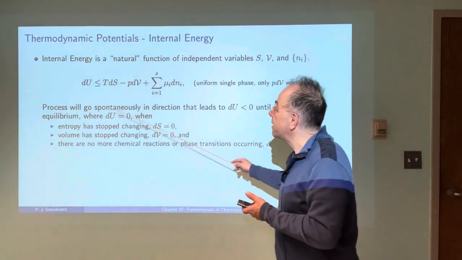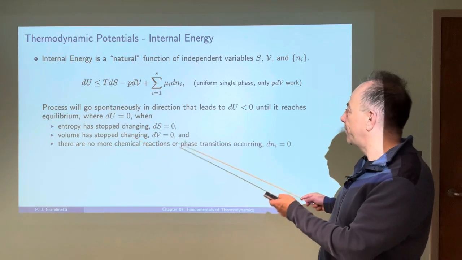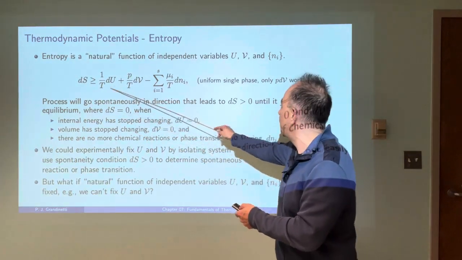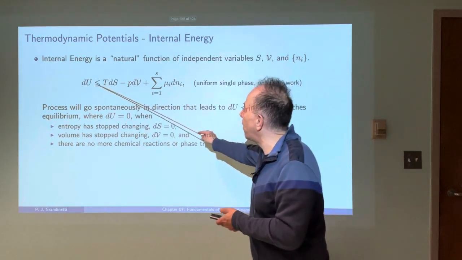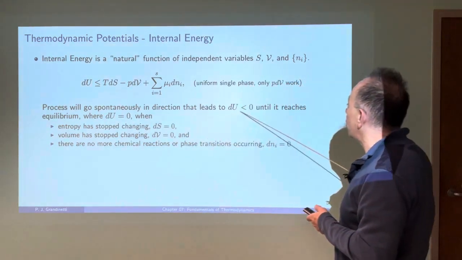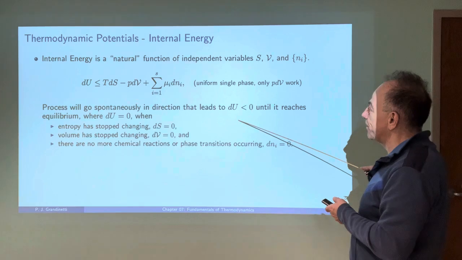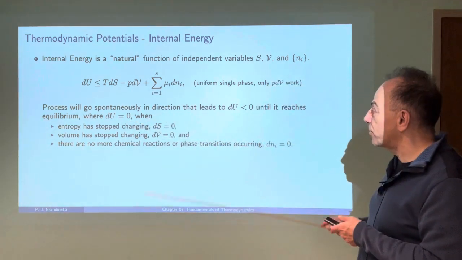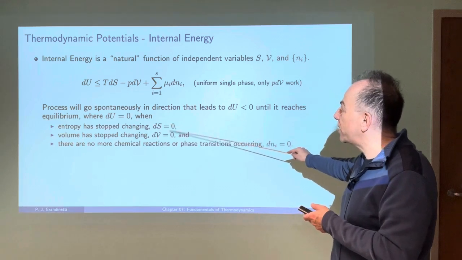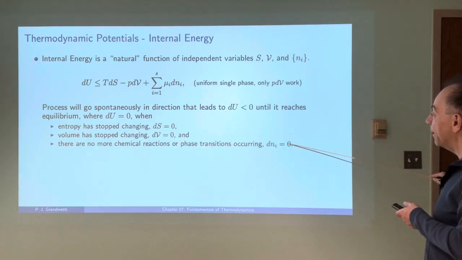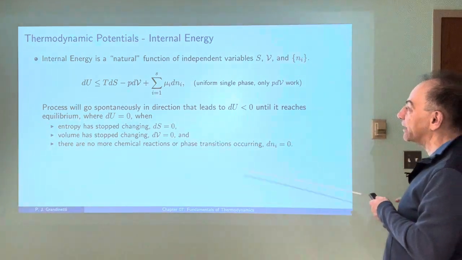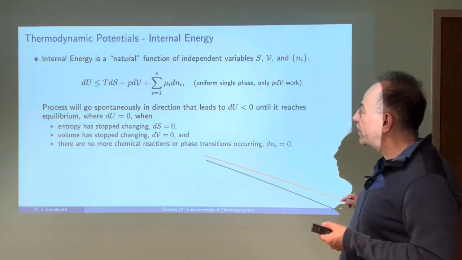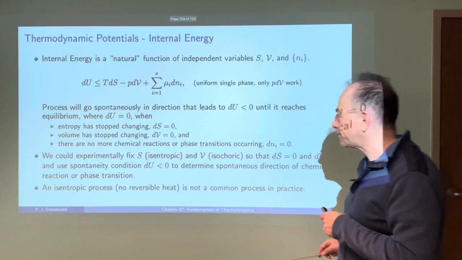So we see that the same spontaneity condition, which direction it will proceed so that entropy increases, also corresponds to a condition where the internal energy decreases, so that we'll reach equilibrium once dU goes to 0. So when the entropy stops changing, the volume stops changing, and the amount of each substance stops changing, then we've moved in a spontaneous direction and reached equilibrium here.